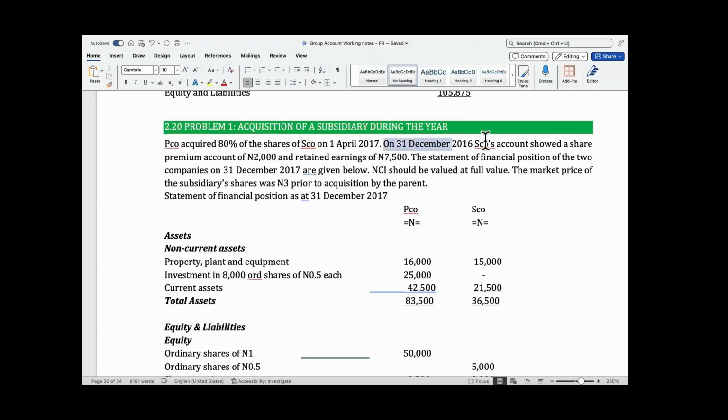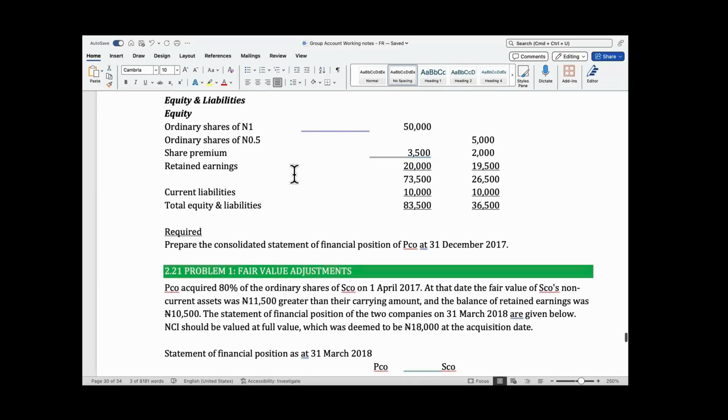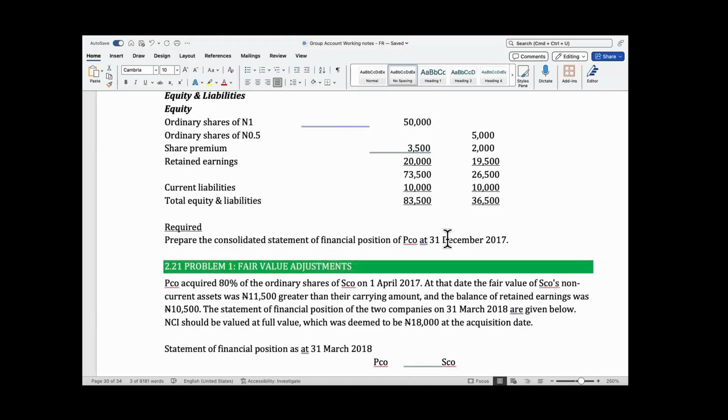We're now told that on December 2016, ESCO's account showed a share premium of 2,000 and retained earnings of 75. We're told that the statements of financial position of the two companies on 31st December 2017 are given below. NCI should be valued at full value. The market price of the subsidiary shares was 3 naira prior to acquisition by the parent. I'm now asked to prepare a consolidated statement of financial position as at December 2017.